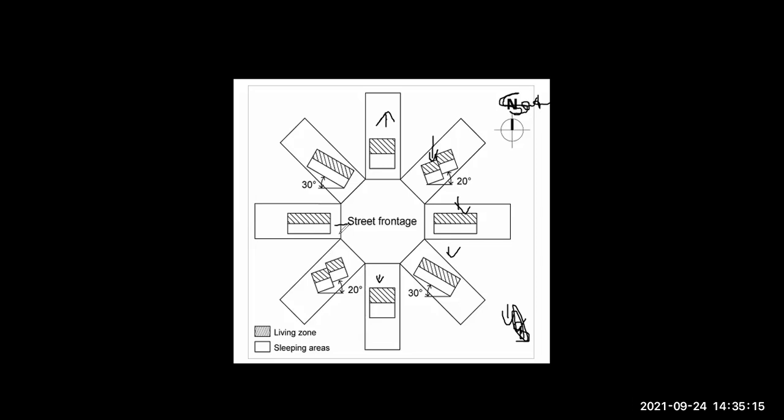They have designated two zones, living zone and sleeping areas. But this is for the southern hemisphere, where there are not any extreme climatic considerations.